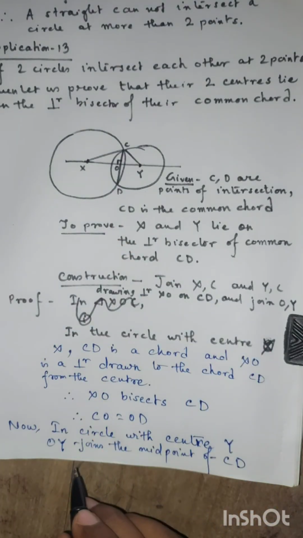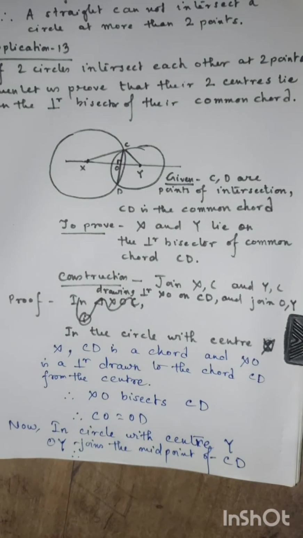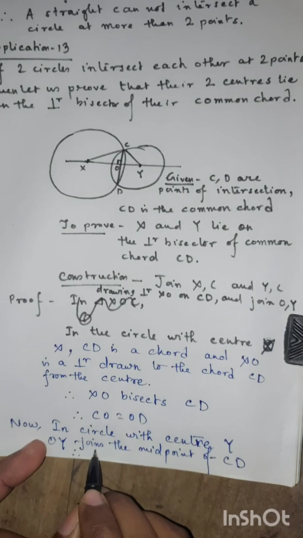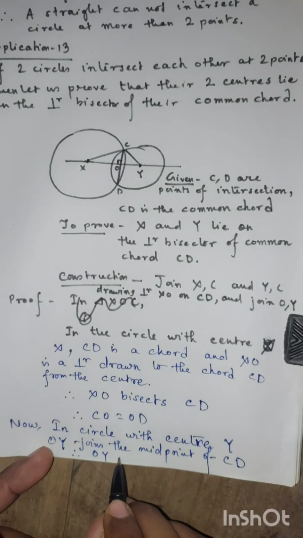Therefore, we know a line segment joining the center and the midpoint of a chord is a perpendicular on that chord. Okay, therefore OY must be perpendicular to CD.